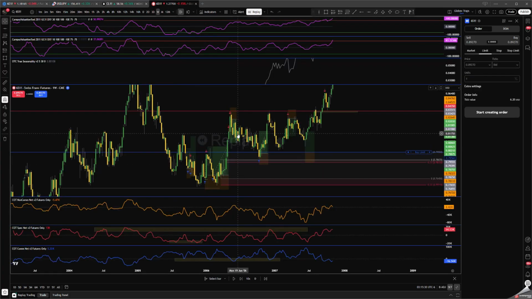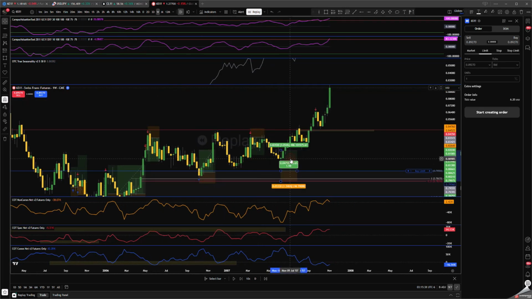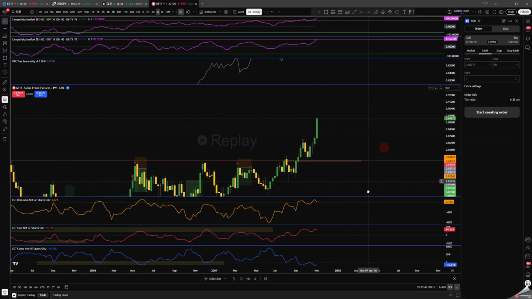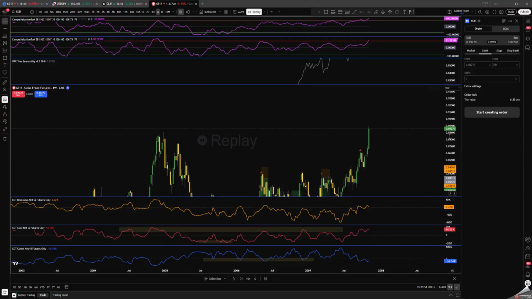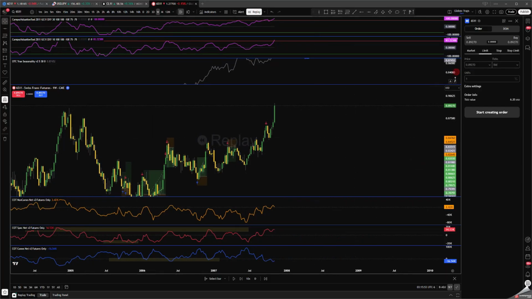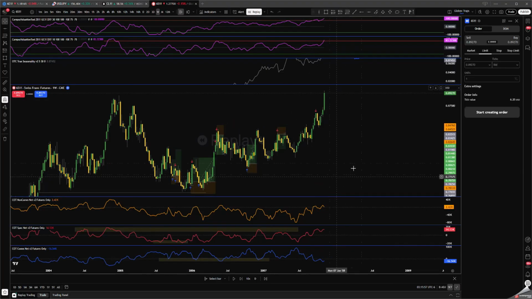Wait. 1, 2, 3, 4, 5, 6, 7. This one never. Only 7 trades so far. This is filled. Okay, so 3 more then. I guess I counted wrong. I also counted the ones that were unfilled.